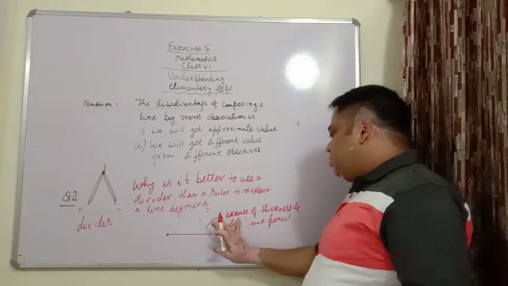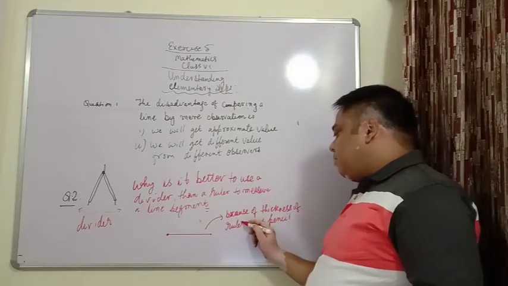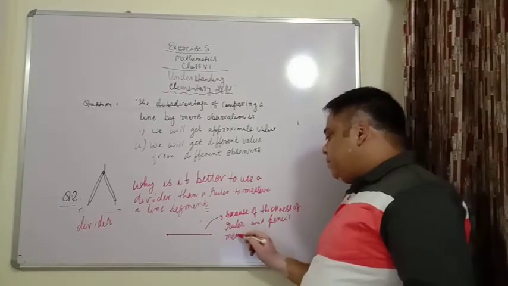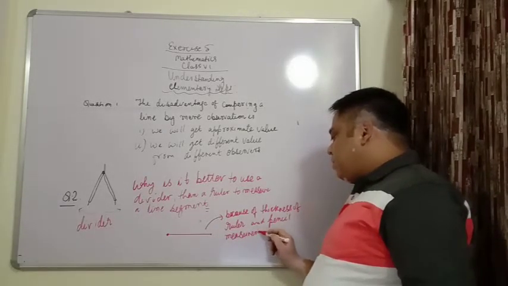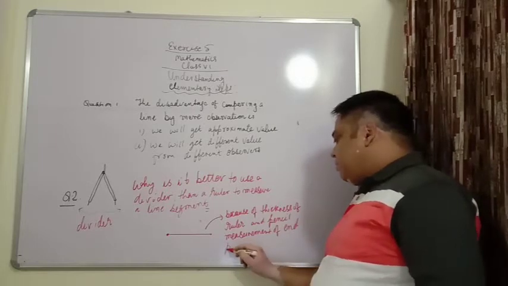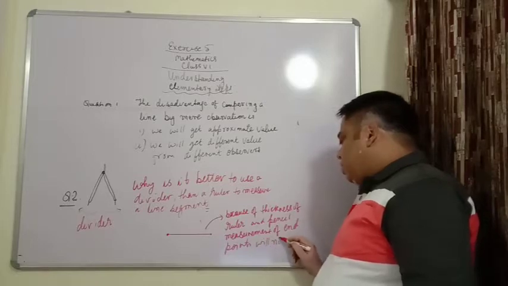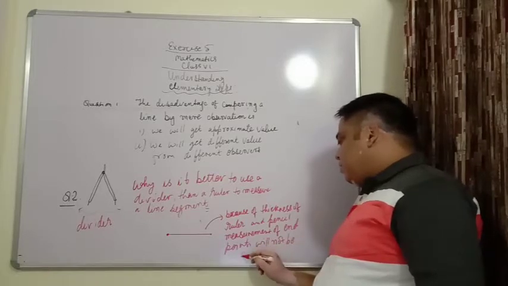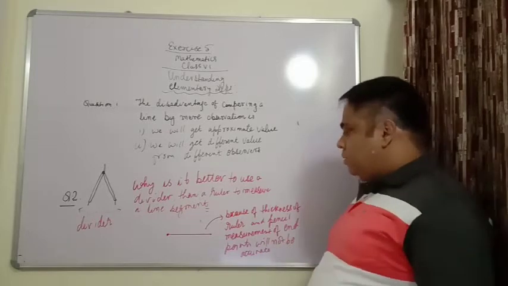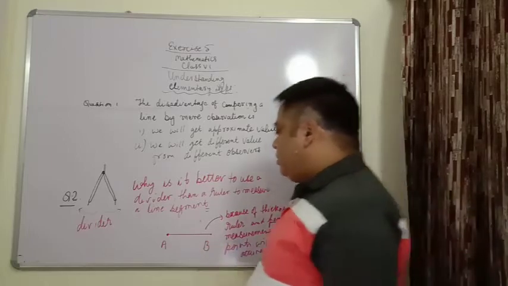Since the word ruler is used, you can write ruler only. Ruler and pencil. Measurement of end points will not be accurate. So if these are the end points, these end points need to be sharp.